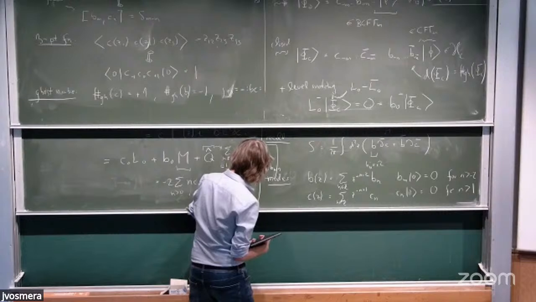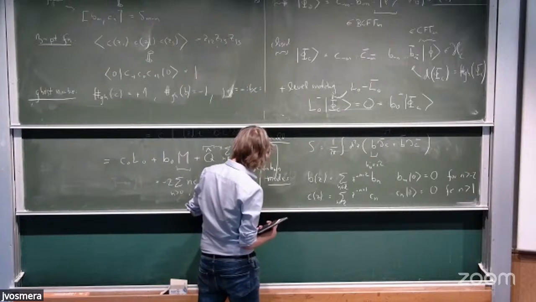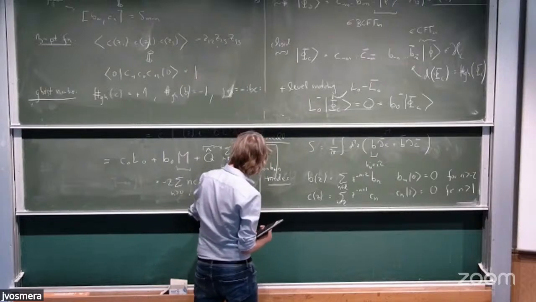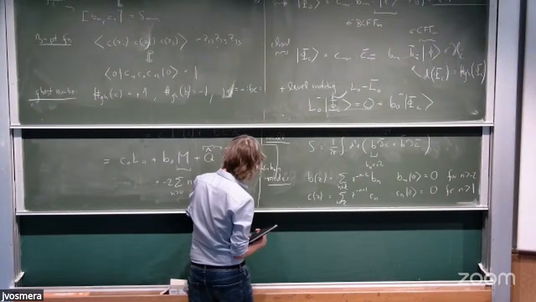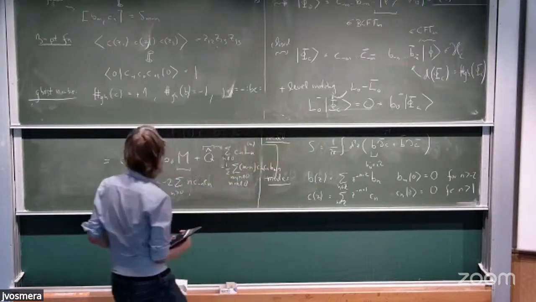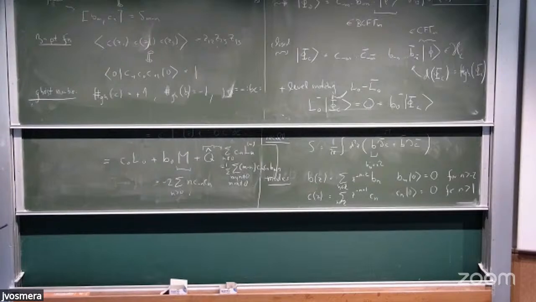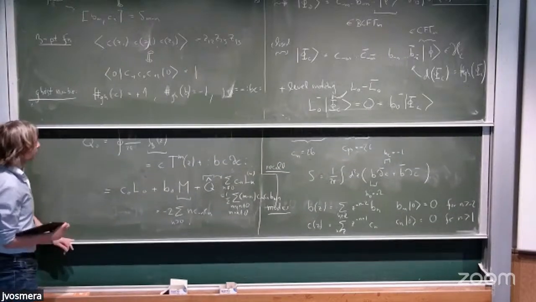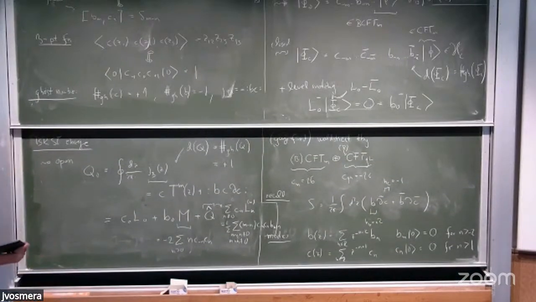And the sum is taken over all m, n such that m and n are not equal to 0, and also m plus n is not 0. So that is an explicit expression for the BRST charge in the open string case.